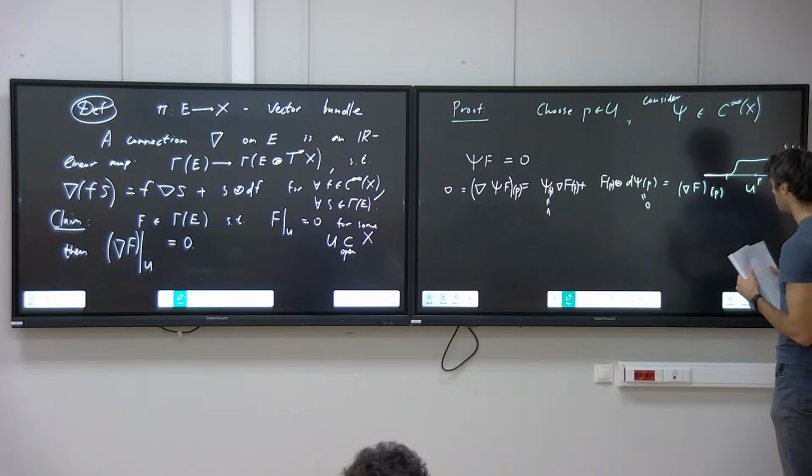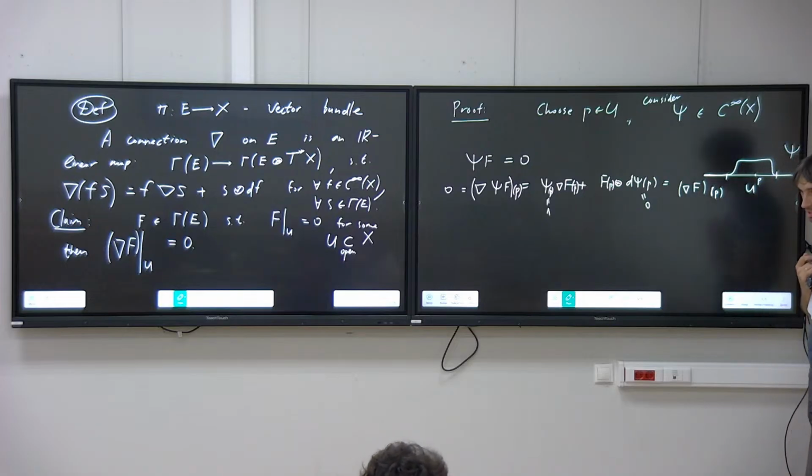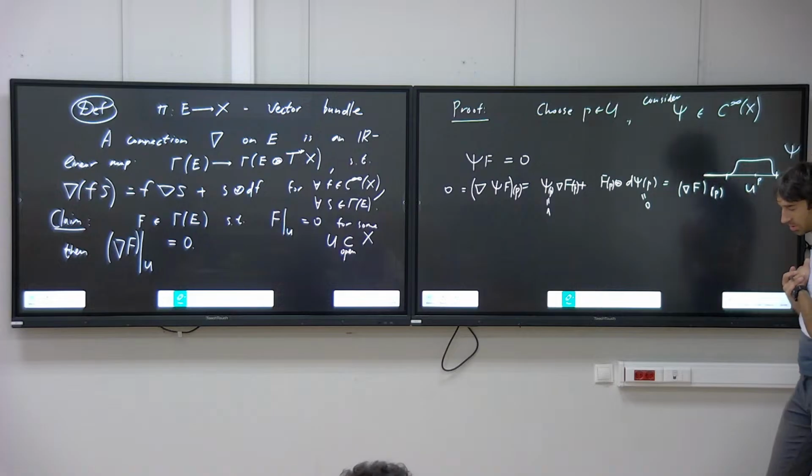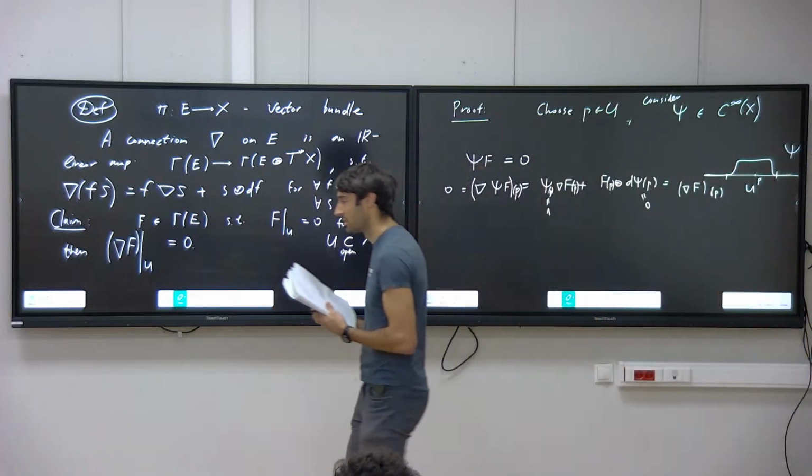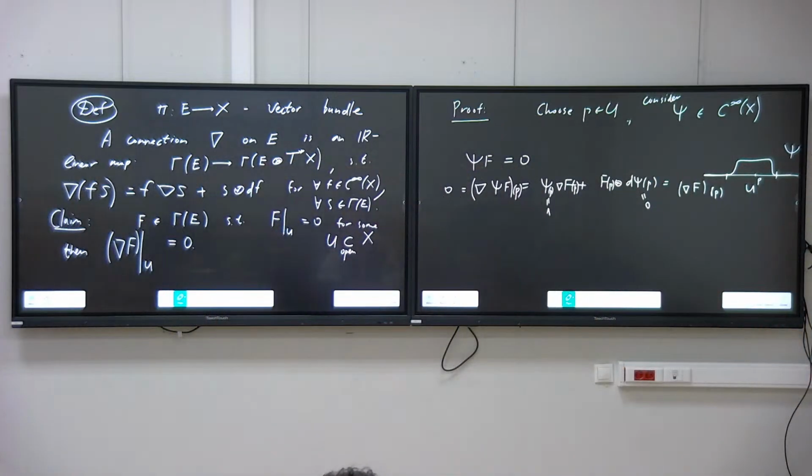So psi is constant in some neighborhood of p. Yes, we can require that. I never gave the details. It's not really about differential geometry, it's calculus. But you can construct such a function.